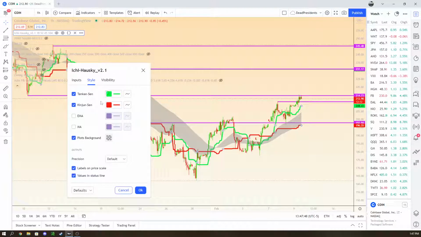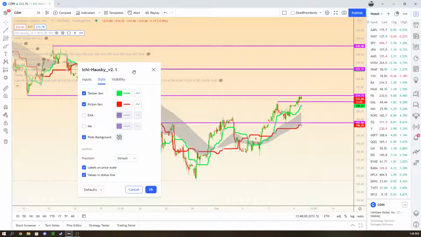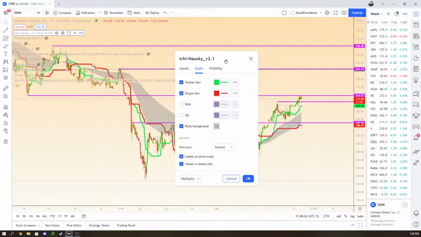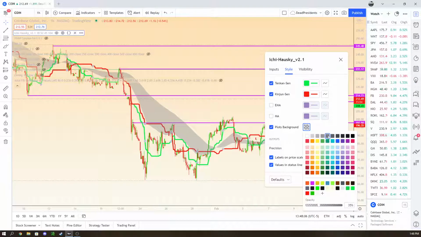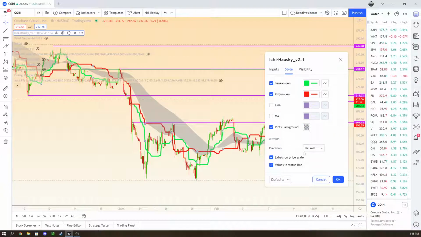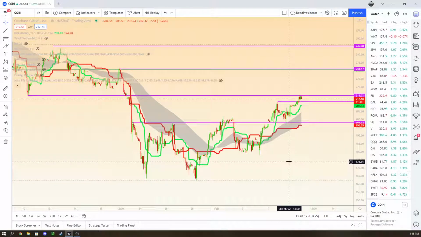These EMAs right here, I just choose not to plot them because all they do is outline the cloud, as you can see. You can just take them off, and then the edges of the cloud you'll know are the EMAs, and those EMAs are the 45 and the 104. For the plot background, I just got gray, slight opacity. This is your cloud right here. We're going to press OK.